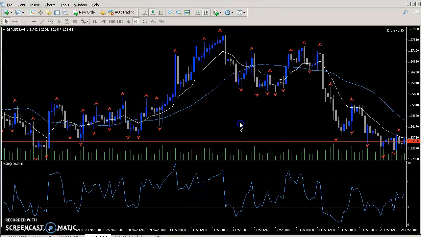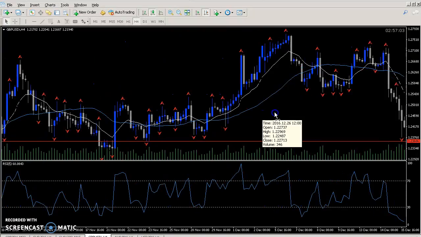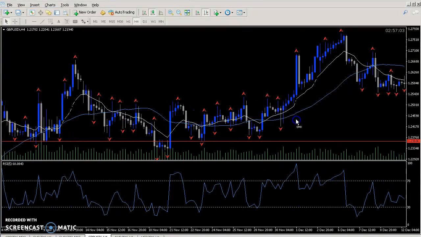What are fractals? Fractals were created by Bill Williams. And if you look up fractals, they'll say it's for every average of 5 candles, the arrow gets painted. Point blank and simple, the fractals indicate zones that the market bounces off of that you can't see, but it basically helps point it out for you.